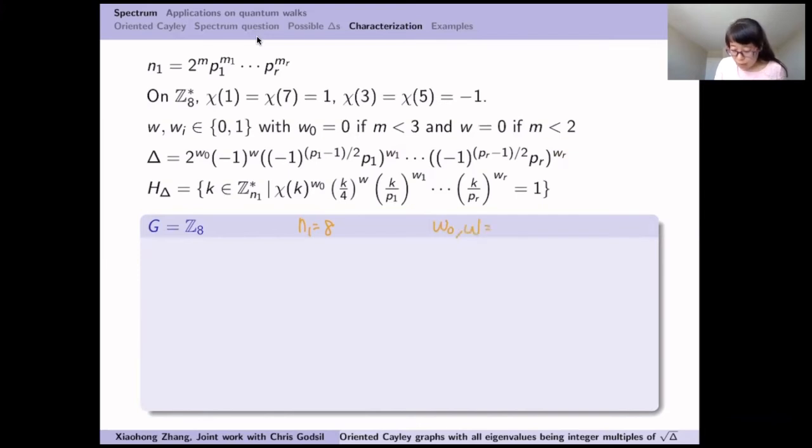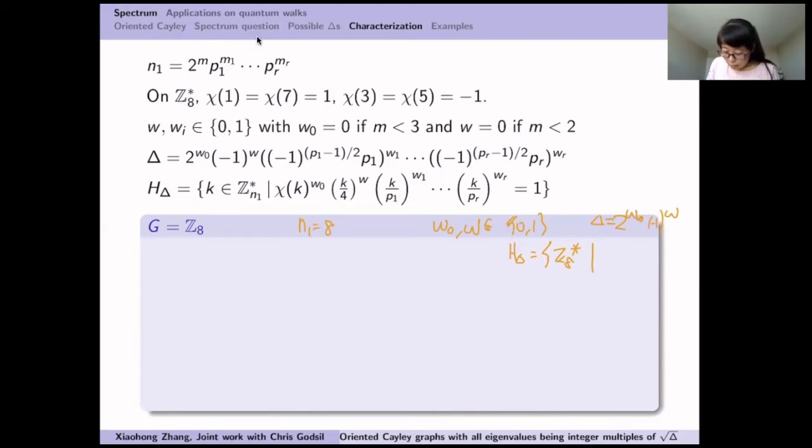W0 and W can each take a 0 or 1. What's the delta? It's 2 raised to W0 times minus 1 raised to W. And for H delta, we are taking the multiplicative group modulo 8.